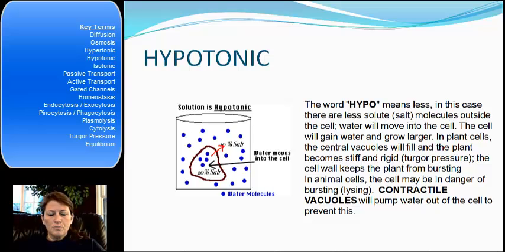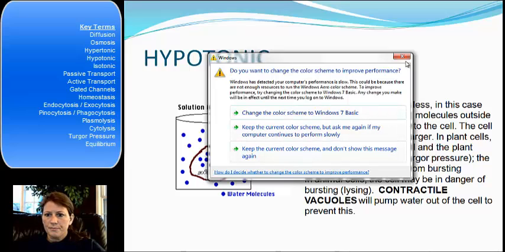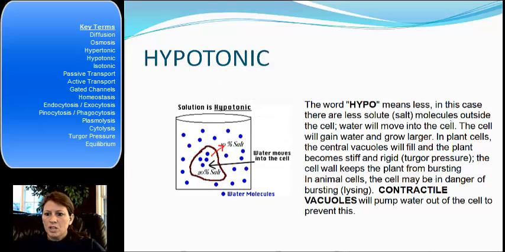So if water's moving in and the focus is the water on how the cell will react. So if I go through my definition, hypo, less or low, okay, hypo or low solutes, that means the cell will gain water. So if I think, how do my plants react in August? If I don't water my plants, okay, it's hypertonic, it's going to wilt.